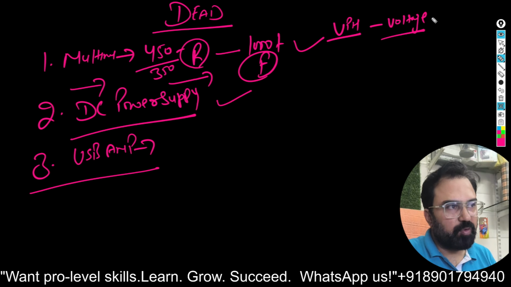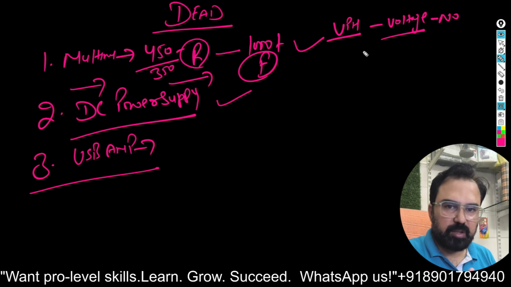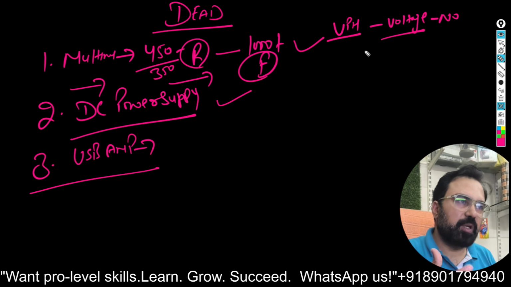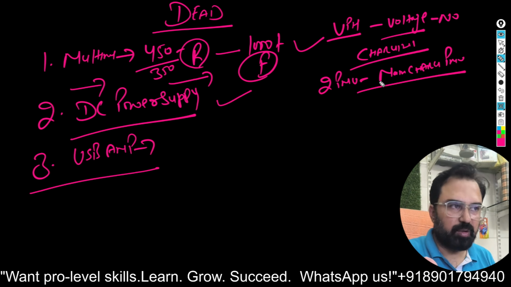If there is no voltage or voltage fluctuation, in some cases you will get a fluctuation, but when you connect the battery, the voltage must be stable, right? But if still there is no voltage or full voltage fluctuation, then you have to work on the charging IC, or in any case where there is a 2 PMU or 3 PMU, 4 PMU, the main charging IC inbuilt in a main PMU, or which PMU is inbuilt in a main charging IC, you have to work on this.